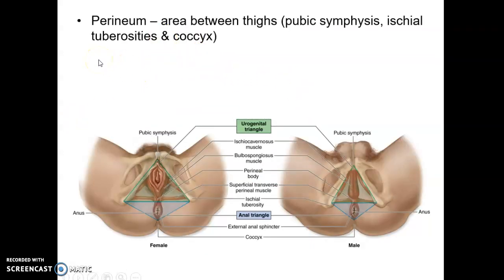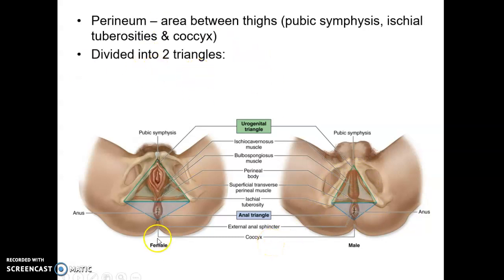So the perineum is the area located between the thighs in the male and the female, and it's bounded by the pubic symphysis, the ischial tuberosities, and the coccyx, or our tailbone. So that's this area here that you see in blue and in green.